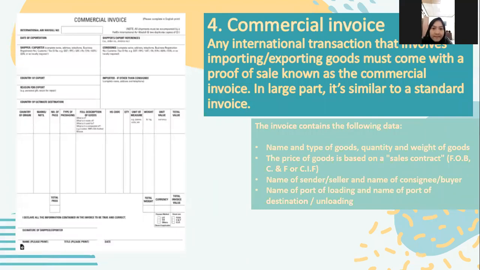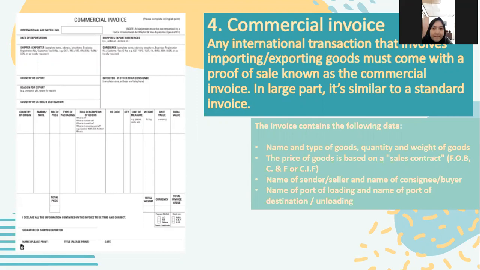Next is commercial invoice. Any international transaction that involves importing or exporting goods must come with a proof of sale known as the commercial invoice. In large part, it's similar to a standard invoice. The invoice contains the following data.